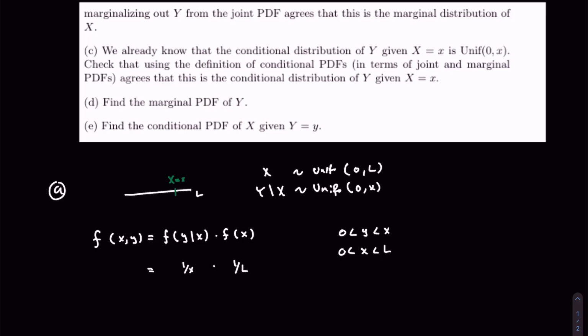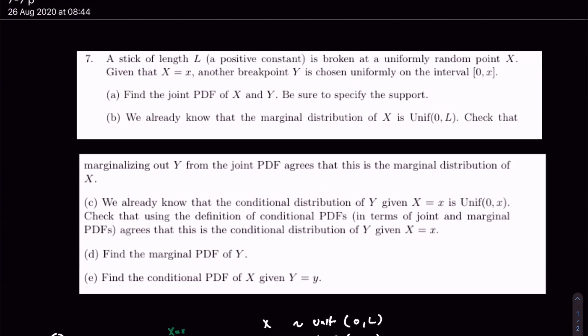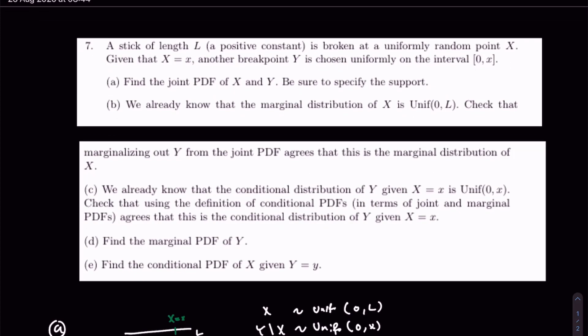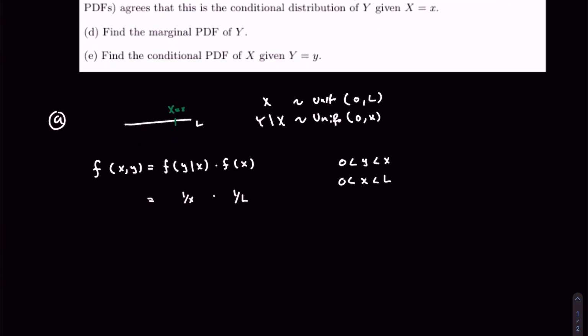Now let's find the marginal. We already know the marginal distribution of X, that it's uniform. We're asked to check that marginalizing out actually yields what we know. So basically assume that we don't know what the marginal of X is.